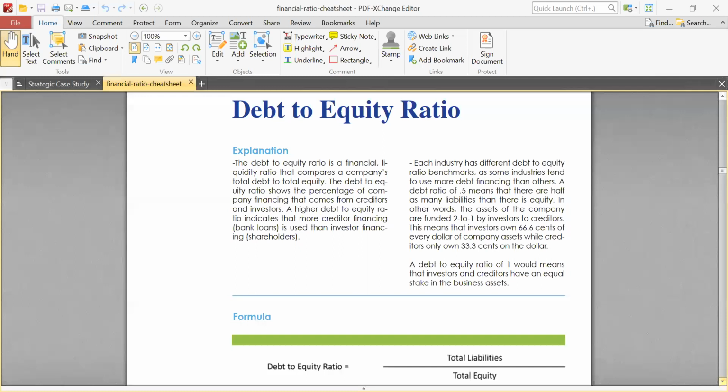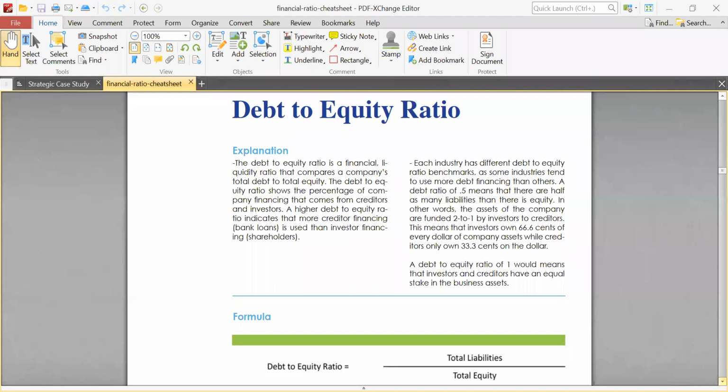Every company's financial or capital structure comprises debt and equity. These are the two main kinds of capital. So a higher debt to equity ratio simply indicates that the company is highly leveraged.